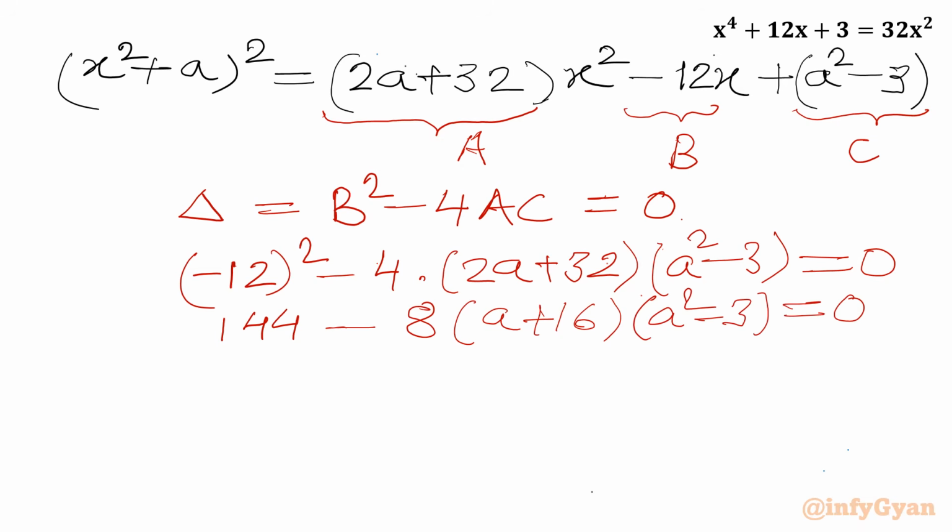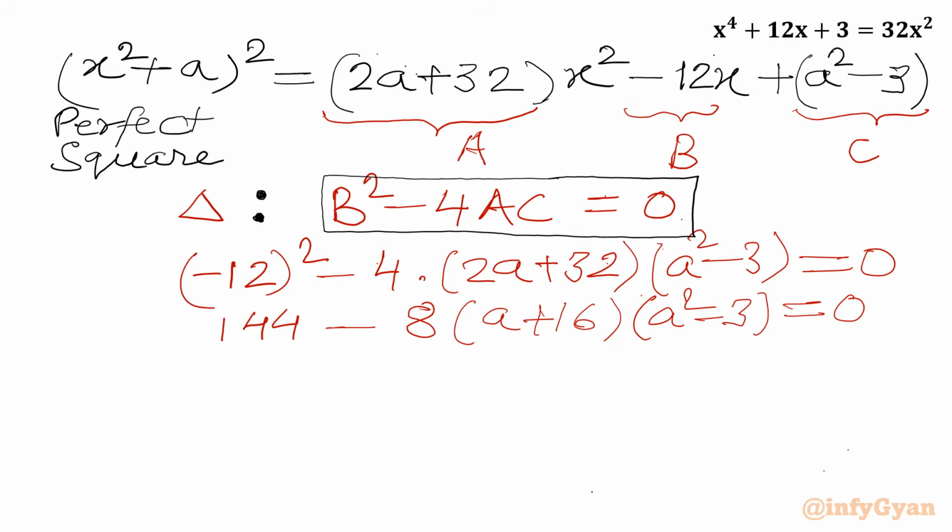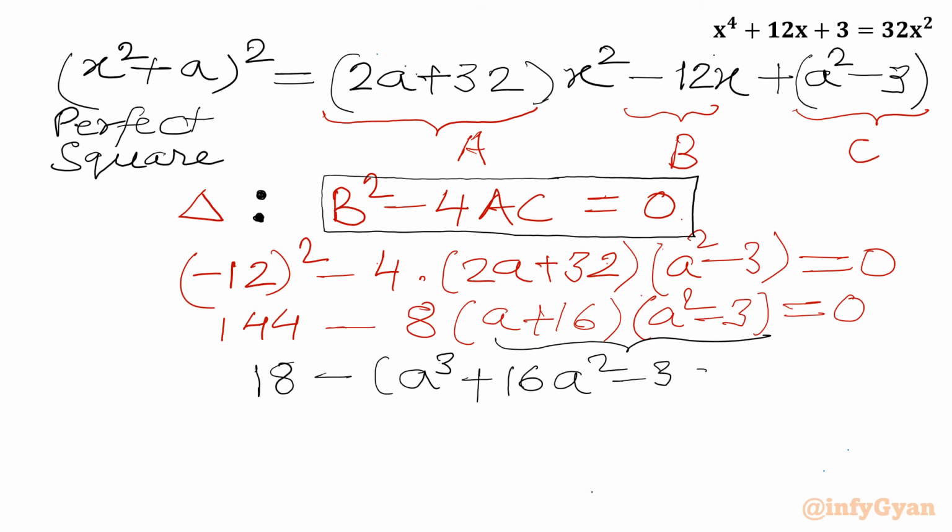Now I will divide this equation by 8. So I can write 18 minus, let's multiply these two brackets, a cube, then it is 16a square minus 3a minus 48 equal to 0.